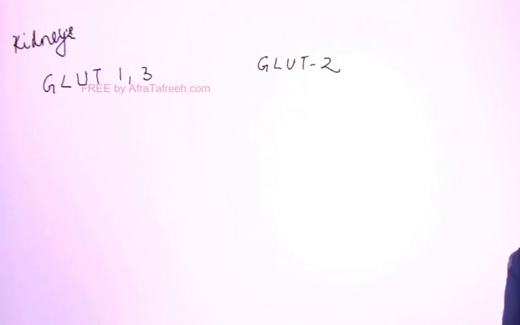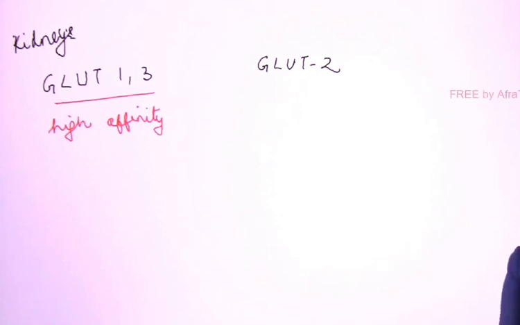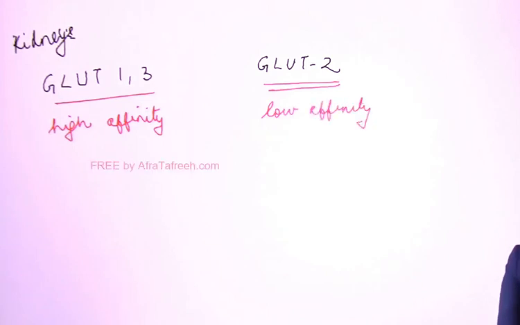So let's see, in kidneys GLUT1 is also present, GLUT3 is also present, and GLUT2 is also present. GLUT1 and 3, they are high affinity transporters. They have high affinity for glucose. And GLUT2 is a low affinity transporter, right?